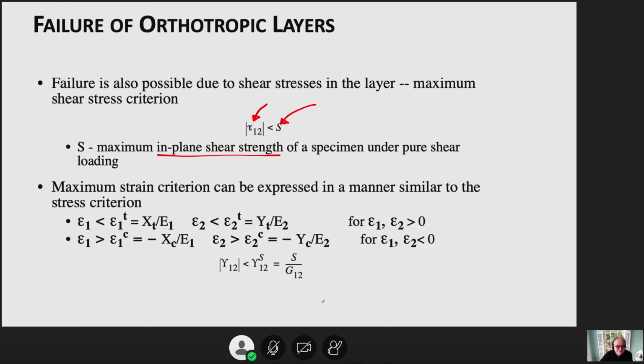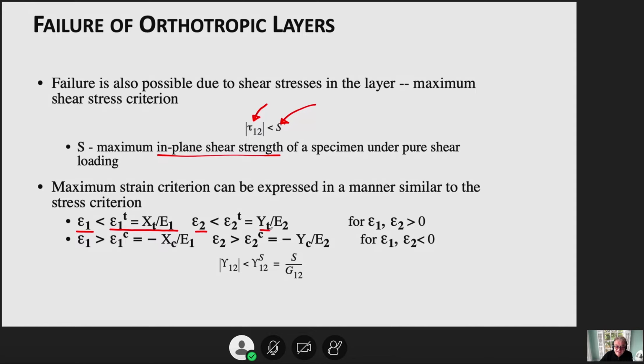If you want to do it strain-wise, you say, okay, epsilon 1, strain along the fiber direction, must be less than the tensile failure strain of the fiber, which, from the relation between the fiber strength and its modulus, we write as XT divided by E1. And epsilon 2, strain perpendicular to the fiber direction, must be less than the strain at failure perpendicular to fiber direction.